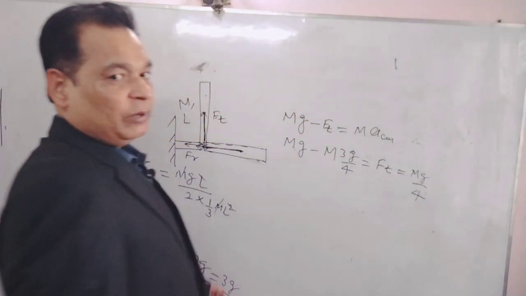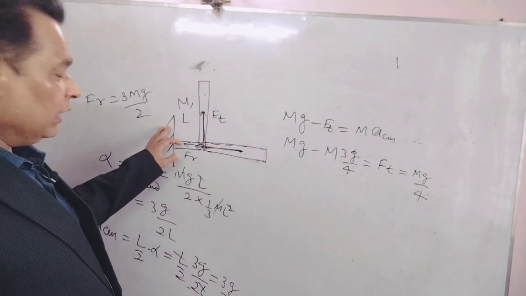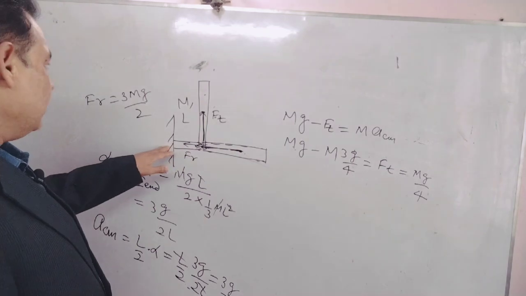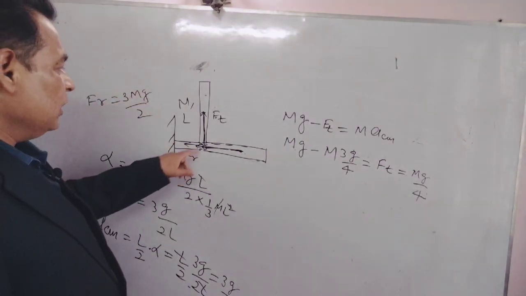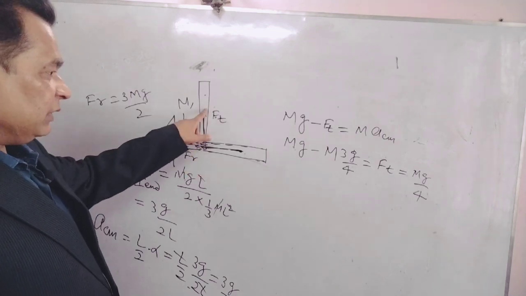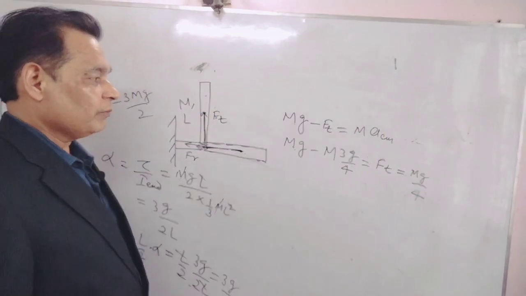So the force applied by the axis has one component parallel to this rod, Fr, 3 mg by 2, and one component vertical to it, Ft, mg by 4.